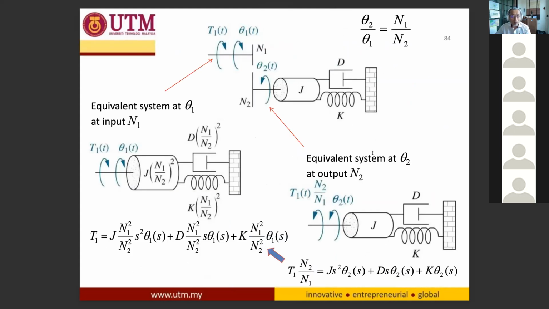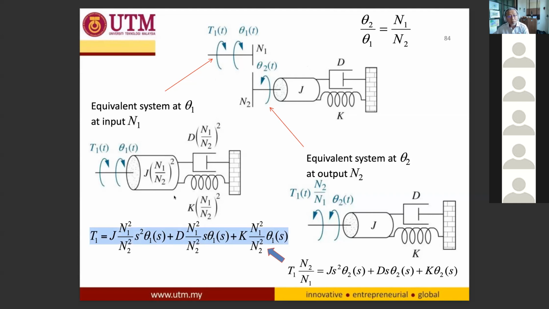So this is the simple rotational system with gear. You have a mechanical spring and damper. Then you have a rotational system connected between gear 2 and gear 1. The equivalent system at theta 1 at input N1 is shown here, where the equation of the torque is shown based on the diagram.